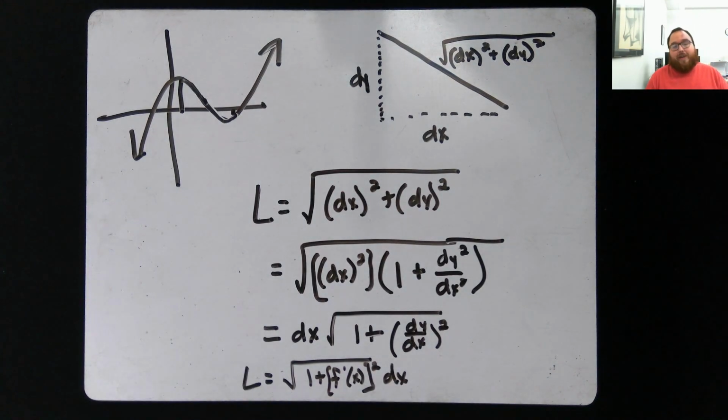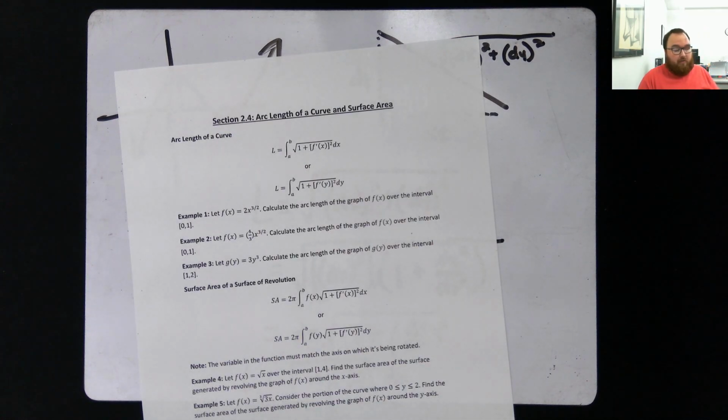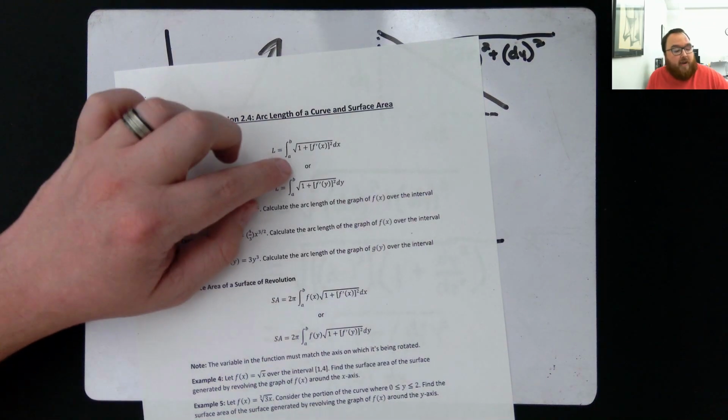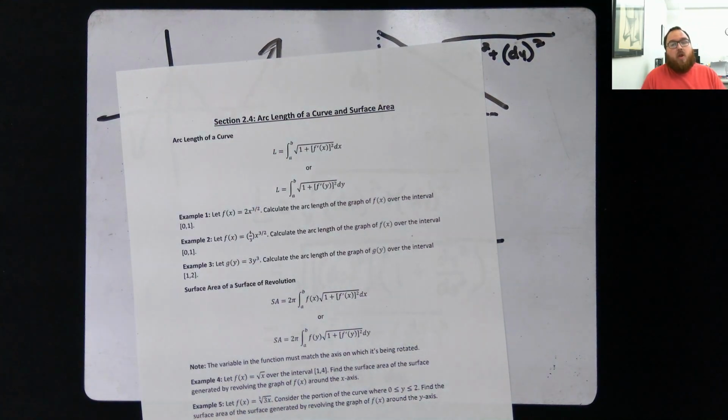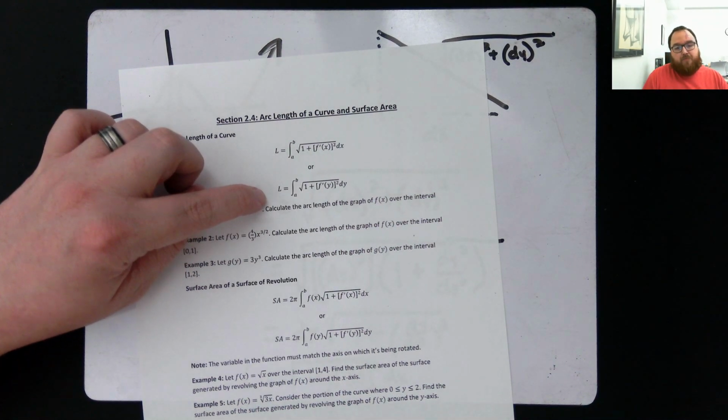That's where they get our length from. So the arc length is going to be equal to the integral from a to b of the square root of 1 plus the derivative squared. And it works the same way if it is in terms of y.